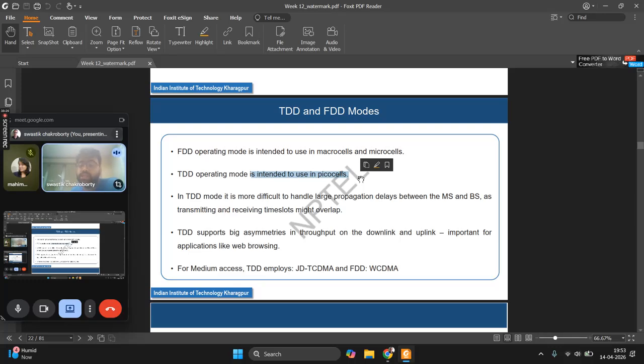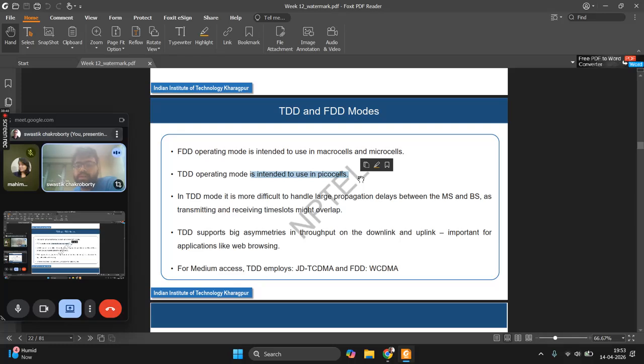That's why TDD is preferred for higher bandwidth operation, with the trade-off that you will have a higher latency. Whereas FDD will have lower latency, but FDD cannot give that peak data rate. That's why it is used for macro and microcell, because the data rate is relatively lower.